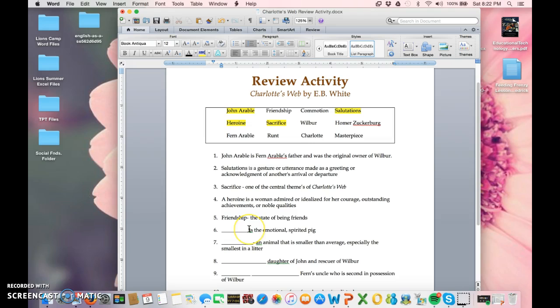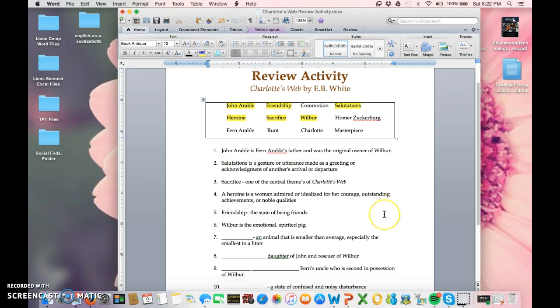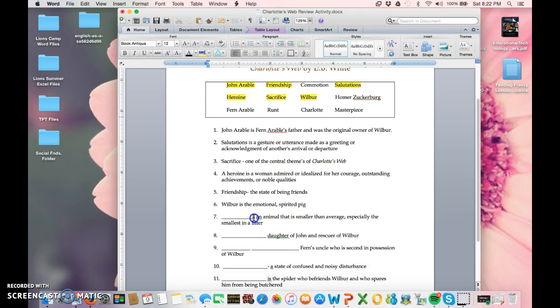Okay. Number 6. This is the emotional, spirited pig that is the main character of Charlotte's Web. Wilbur. Correct. Okay. All right. Number 7.